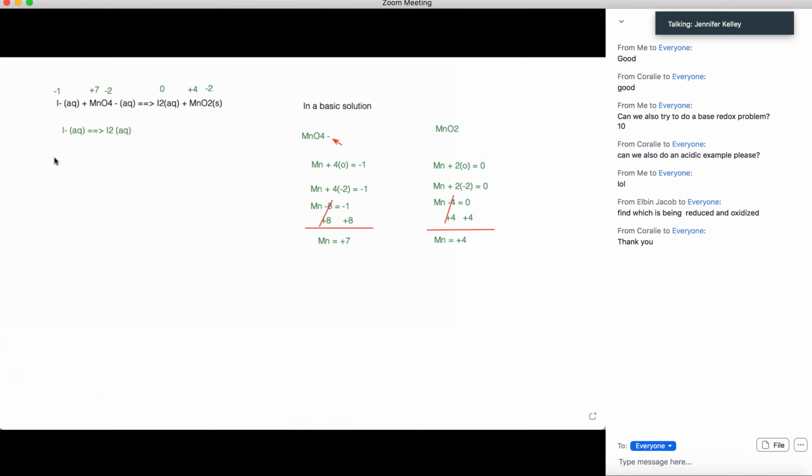Okay, so there's one half reaction. Now we're going to do the other half reaction. MnO4 minus aqueous makes MnO2 solid.